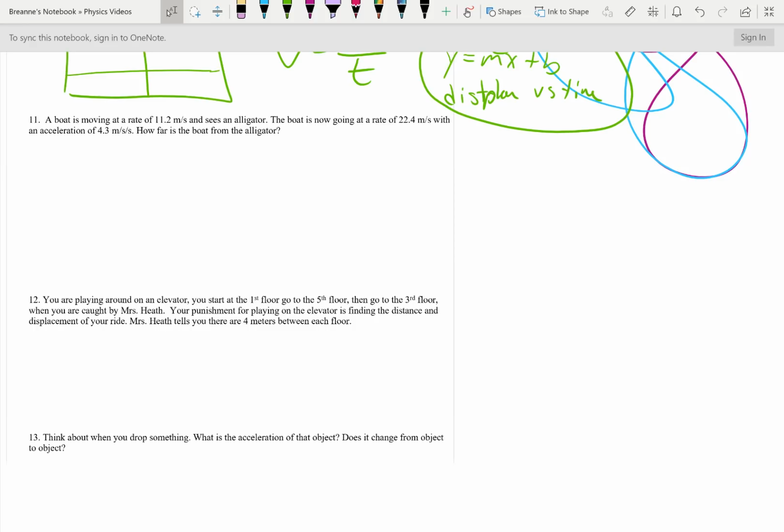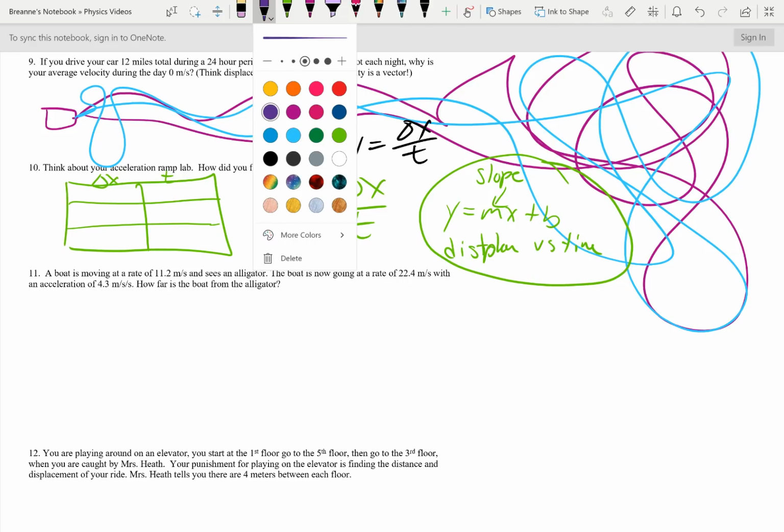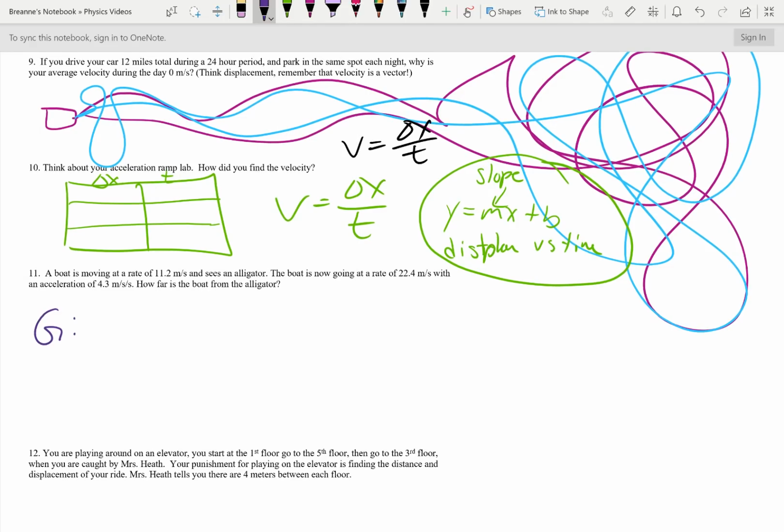So a boat is moving at a rate of 11.2 meters per second and sees an alligator. The boat is now going at a rate of 22.4 meters per second. With an acceleration of 4.3 meters per second, how far is the boat from the alligator? So let's write down our givens. The boat is moving at a rate, so that's our initial velocity because that's what was first given to us.